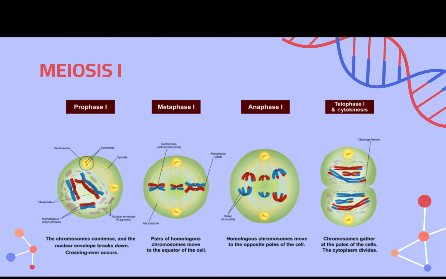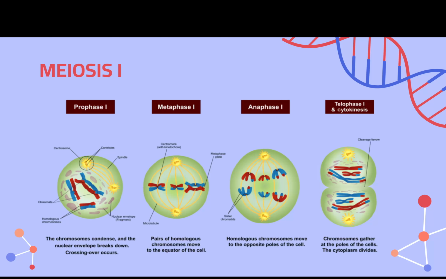In anaphase 1, these homologous chromosome pairs will move to the opposite poles of the cell and get ripped apart, but the sister chromatids stay together. So at the end of meiosis 1, we essentially have 2 cells without homologous chromosomes, but with the sister chromatids still intact.